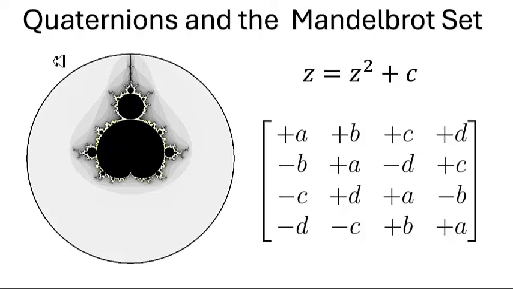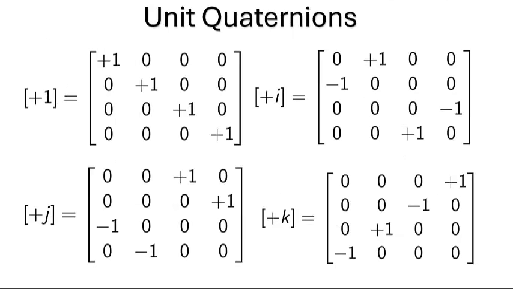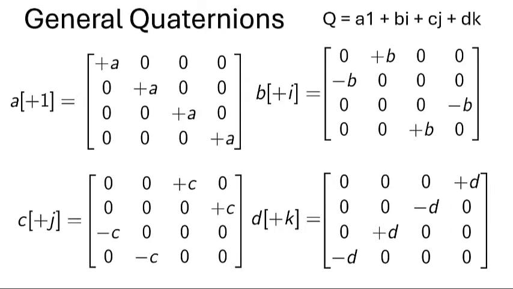So in the implementation of the Mandelbrot set using quaternions, I was using the generalized matrix here, which I just showed you how to build up. I just showed you how to go from the unit quaternions to the algebraic expression, with the 1 matrix, I matrix, J matrix, and the K matrix.